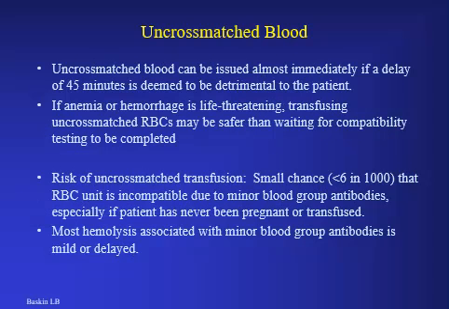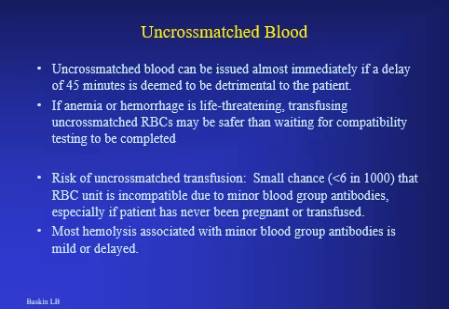Now, uncross-matched blood can be issued almost immediately whenever it's determined that the delay in completing the cross-match is going to be detrimental to the patient. In a patient with life-threatening anemia or hemorrhage, transfusing uncross-matched cells may be safer than waiting for the compatibility testing to be completed.